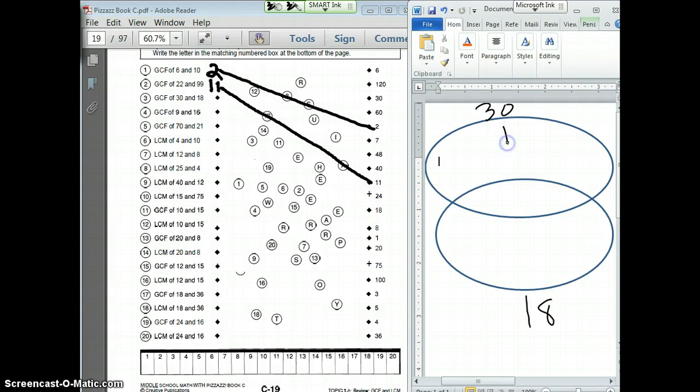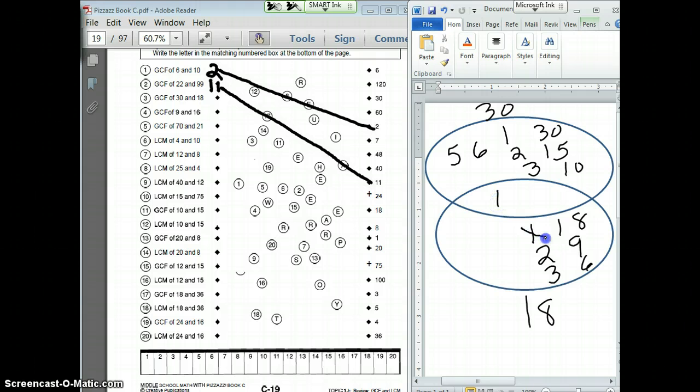Always got 1. 30: 2 and 15, 3 and 10, not 4, but we do have 5, 5 and 6, and then we turn it around. 18: 1 and 18, 2 and 9, 3 and 6, and then we do 4, nope, and then 5, nope, 6, we've got our turnaround.